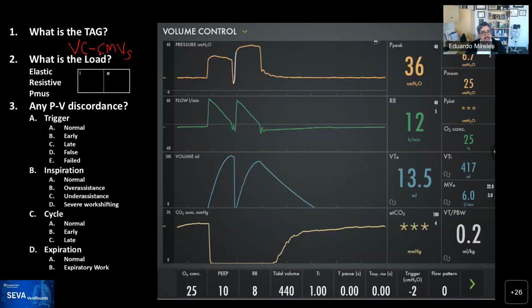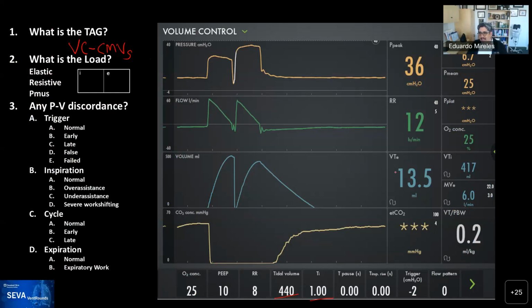It's CMV, meaning all breaths are continuous mandatory ventilation, so all breaths are mandatory, meaning they are triggered either by the ventilator or the patient and cycled by the machine. In this case, all the breaths are cycled by the machine, so that makes them mandatory because we're controlling the timing and the size of the breath. And finally, set point, because we set the tidal volume and the inspiratory time that the patient is going to get. So we're setting the variables for it. There's no intelligence built into this mode.